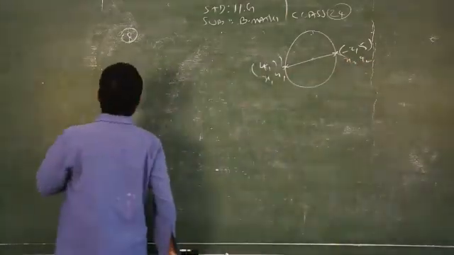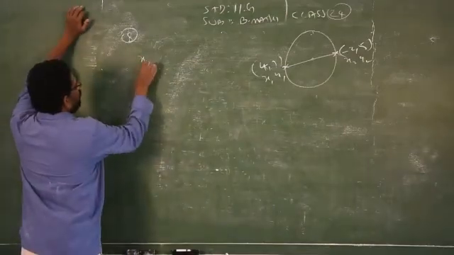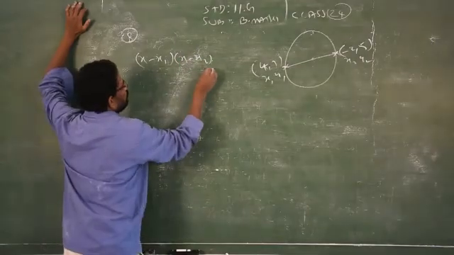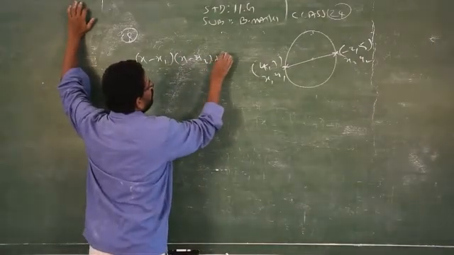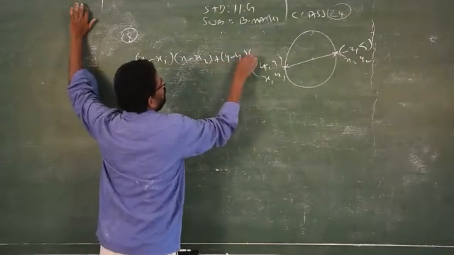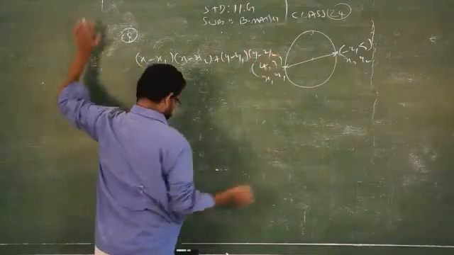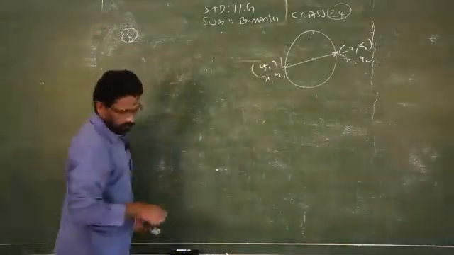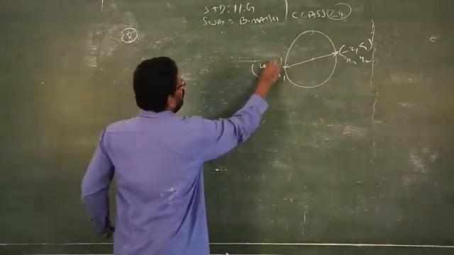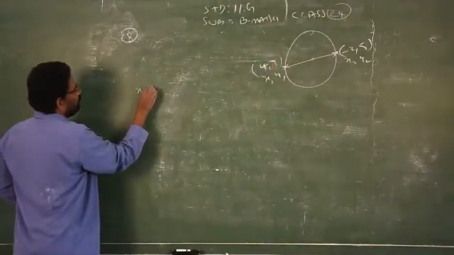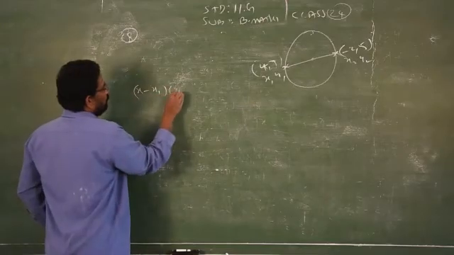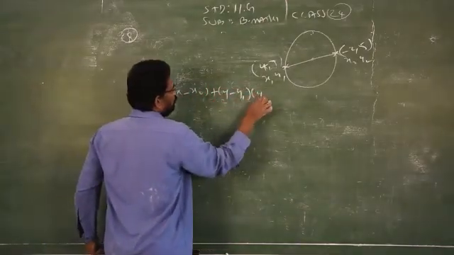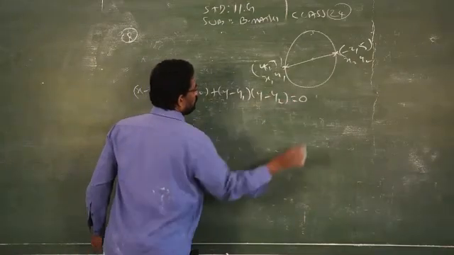So when the extremes of the diameter are given, then we have the formula x minus x1, x minus x2 plus y minus y1 into y minus y2 is equal to 0.